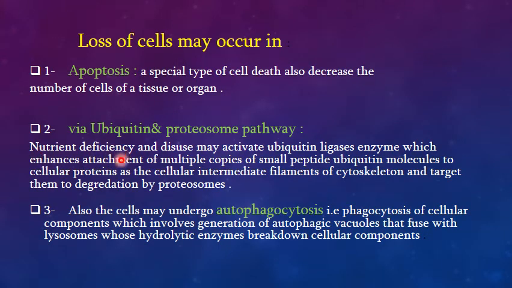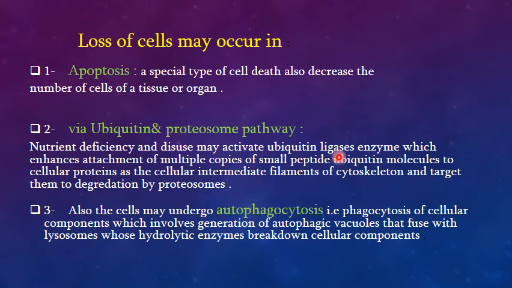Nutrient deficiency and disuse of the organ, when there is a decrease in the blood supply, lead to the activation of a certain pathway of the body. It is called the ubiquitin ligases enzyme.